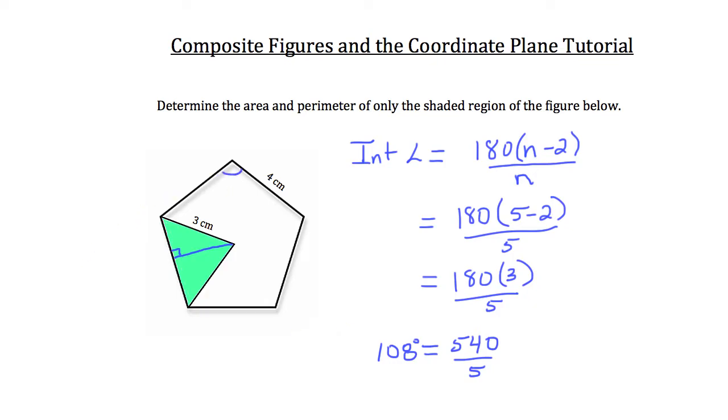So each one of these is going to have a measure of 108 degrees. Which means, since these angles are bisected, that this angle and this angle each have a measure of 54 degrees. Now we'll use that and what we know of right triangle trigonometry to solve for the apothem here, the height of this triangle.